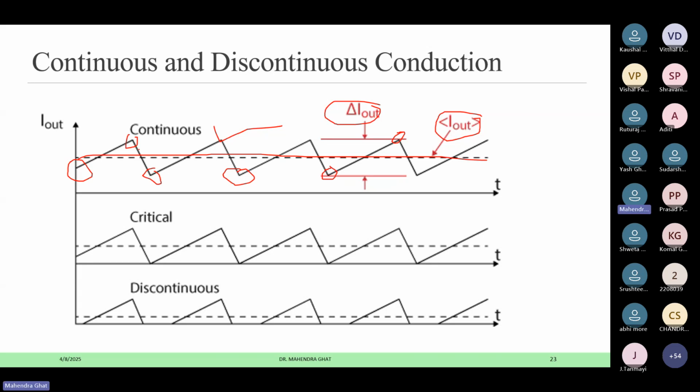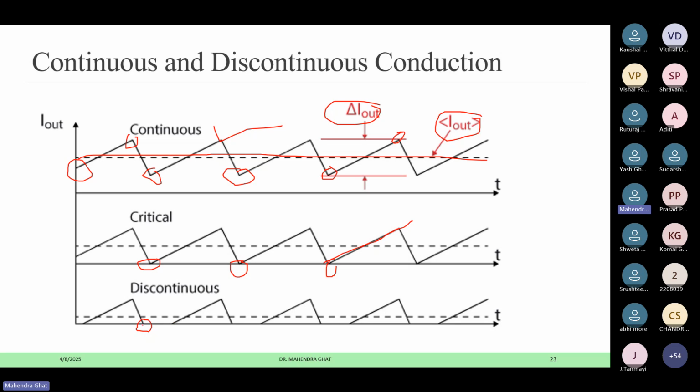In some cases it just reaches zero, and at the same instant you turn on the switch, so it starts increasing again. That is called critical conduction. In the other case, it has already reached zero and we have not yet turned on the switch.